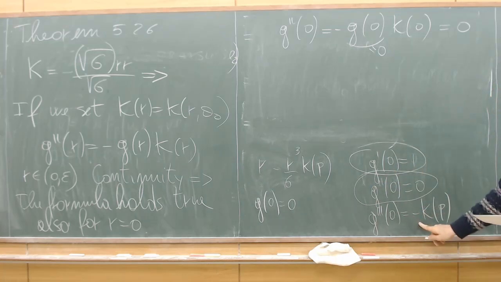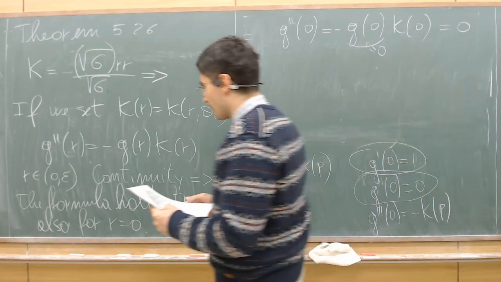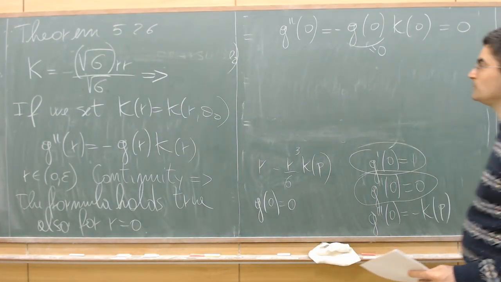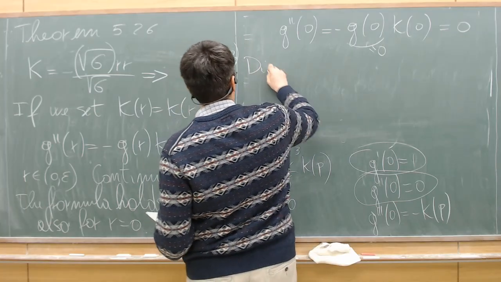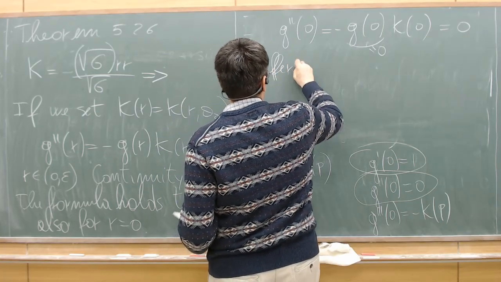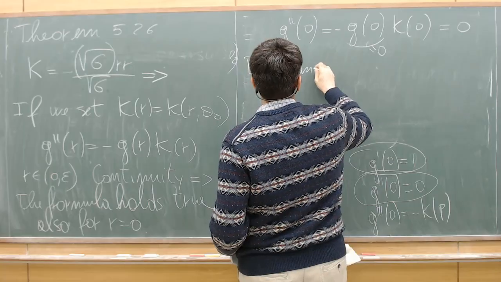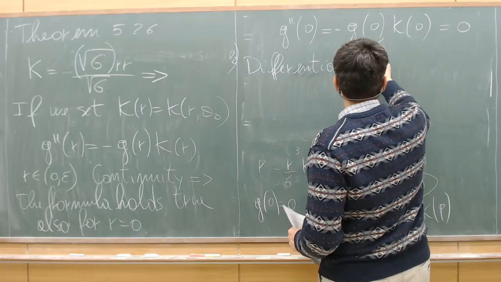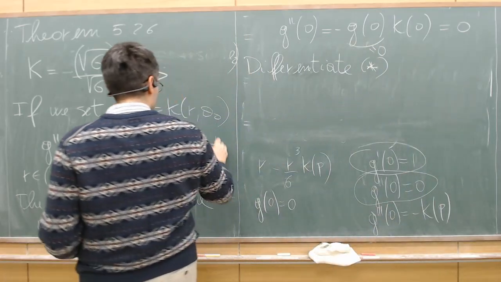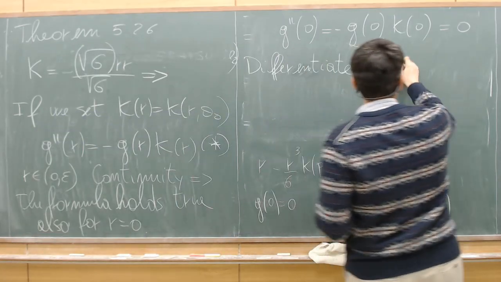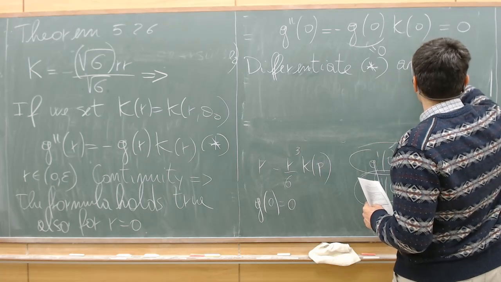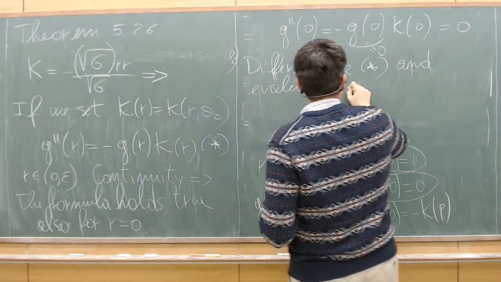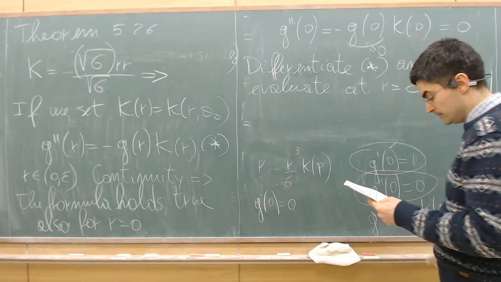Now we have to prove the third one, and in order to prove this one, we differentiate star, where star is this formula, and evaluate at r equals 0.